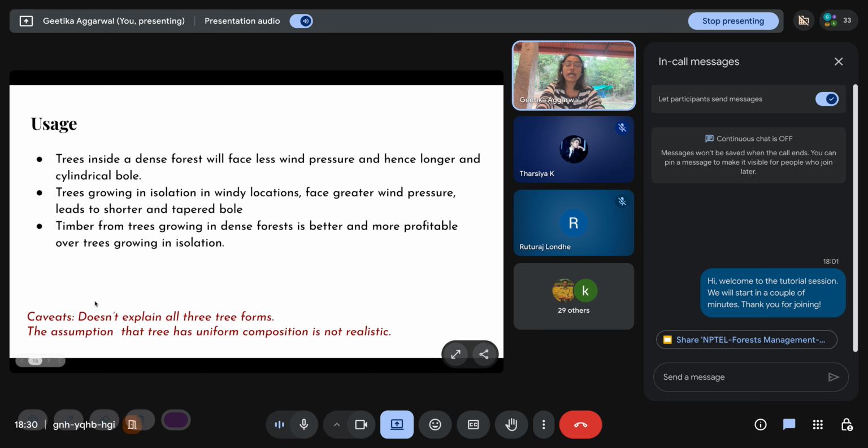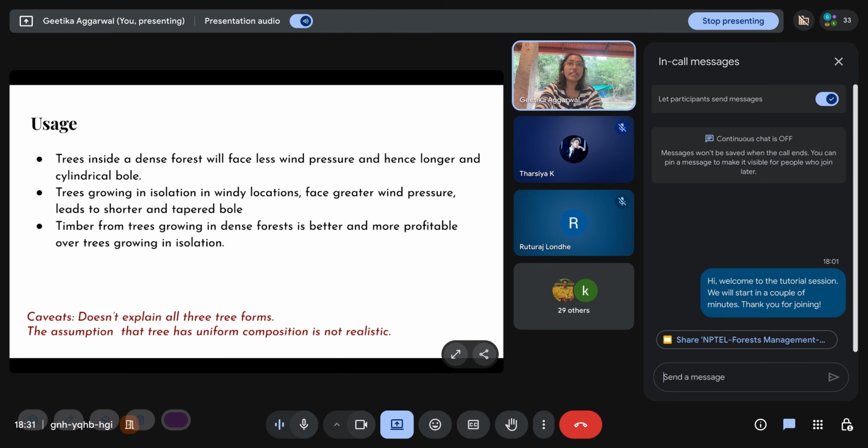A caveat of this theory is that it does not explain all the three tree forms. It only talks about the conical form of the tree. And the assumption that the tree has a uniform composition is not really realistic. We know that trees don't really have a uniform composition. They can change what kind of materials they deploy in which section of the tree, right?